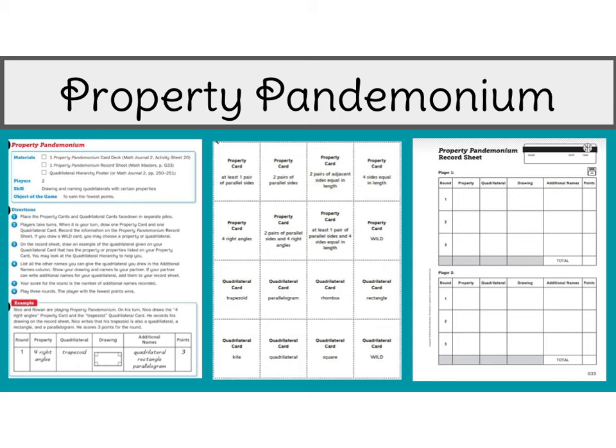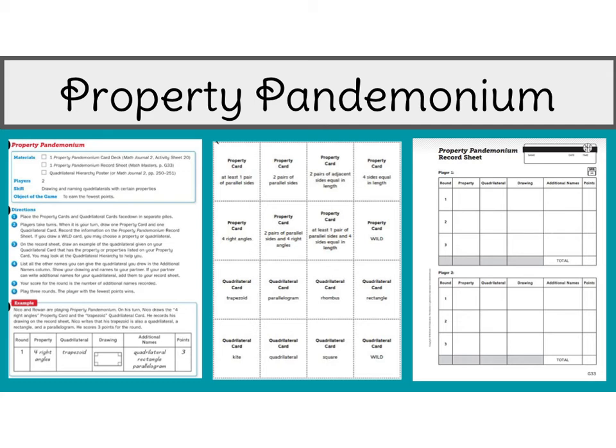So let's look at the directions. What's going to happen is you're going to use that deck of cards. You're going to shuffle them, of course, put them face down, and you're going to take turns. When it's your turn, you're going to draw one property card and one quadrilateral card. Record the information on the Property-Pandemonium record sheet.